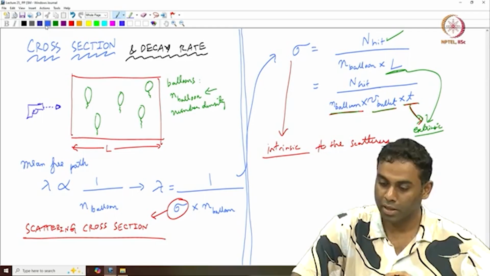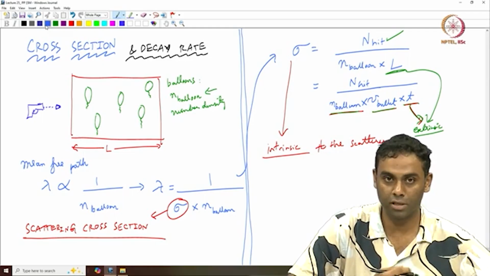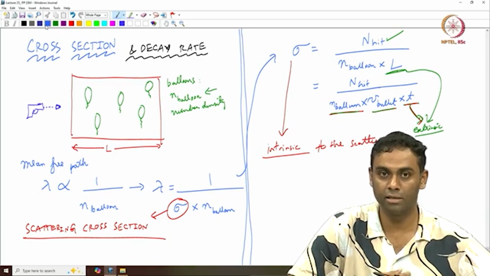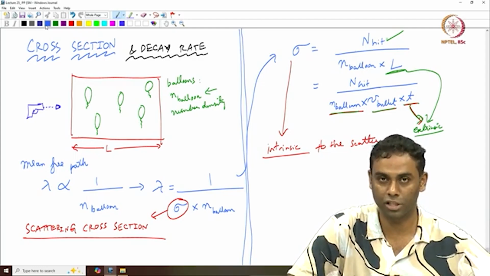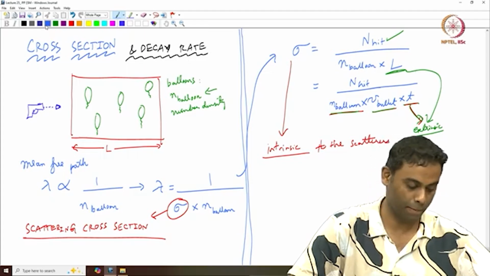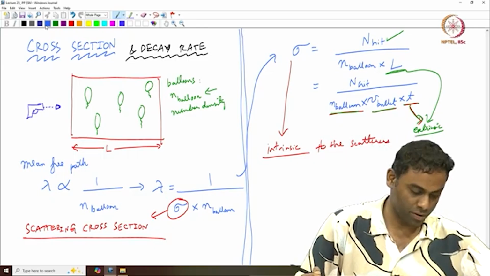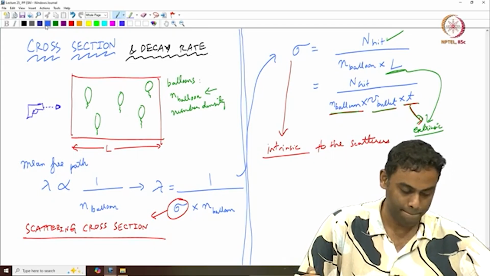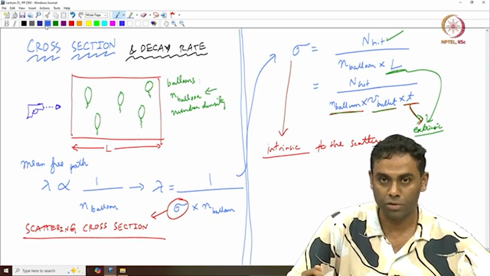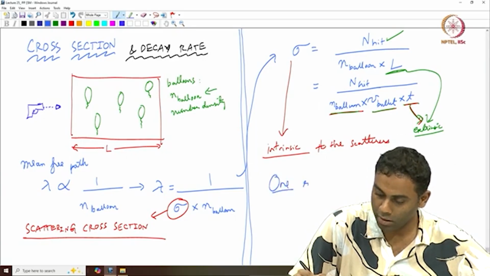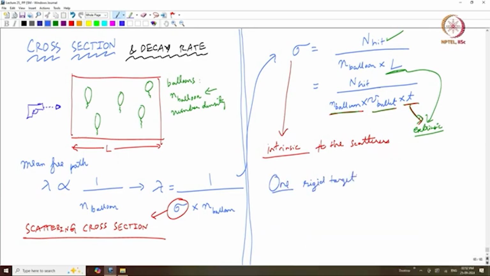Now let us generalize this a little further, and see yet another slightly different version of what the cross section is. Suppose you now forget about the balloons. Suppose you had one rigid target, let's say some rock or something like that.